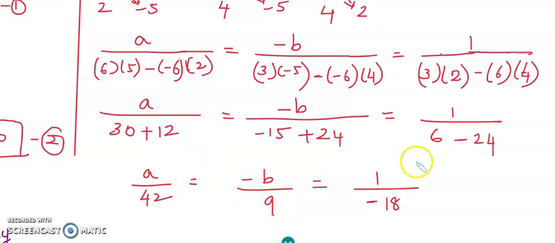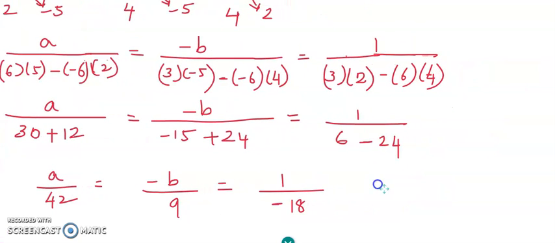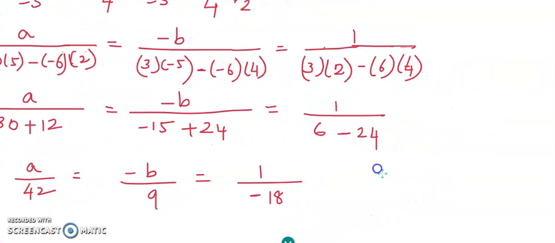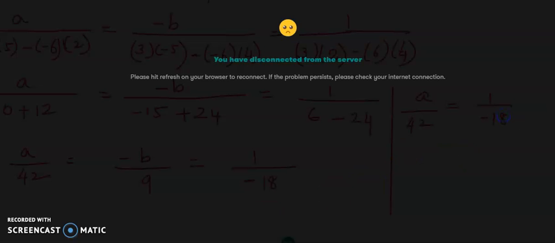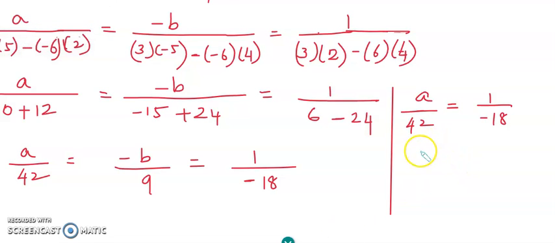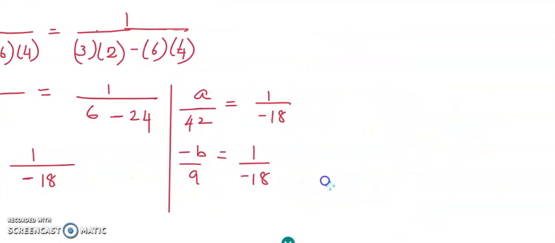I'll say a upon 42 equals 1 upon negative 18, and minus b upon 9 equals 1 upon negative 18. I'm just writing it so that I can solve it further.